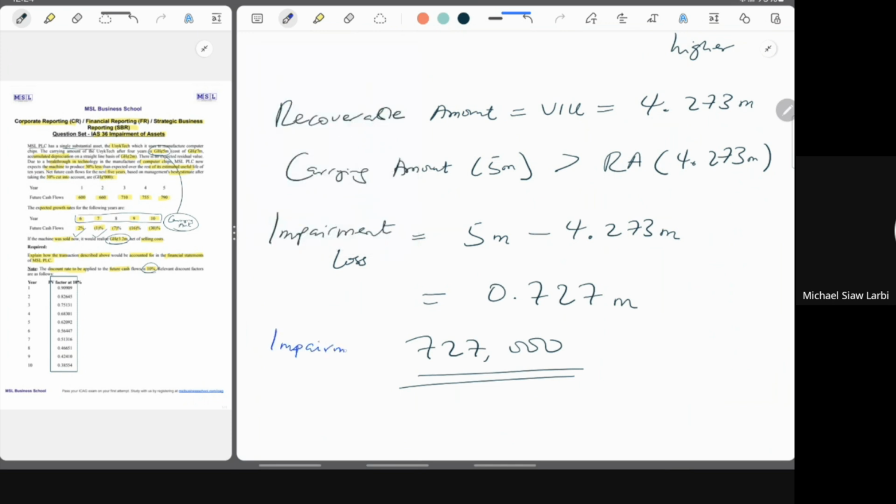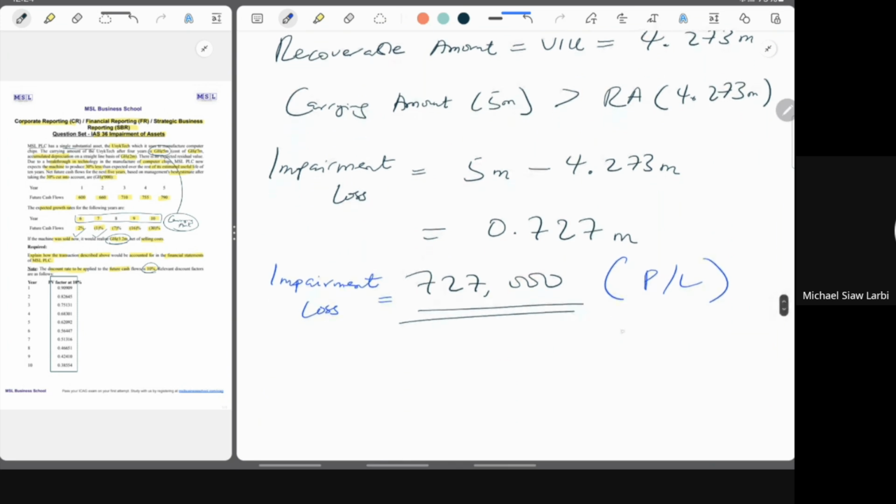Your impairment loss will be charged as an expense in the statement of profit or loss and other comprehensive income. So this goes to your P&L as an expense for the year.